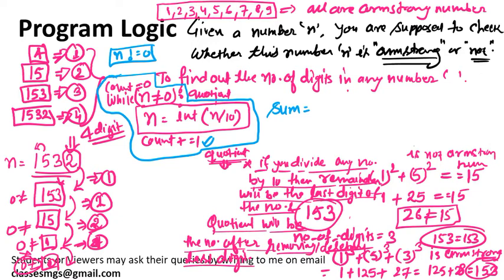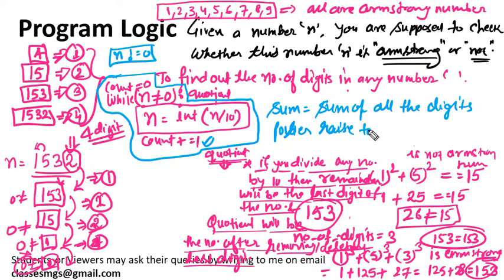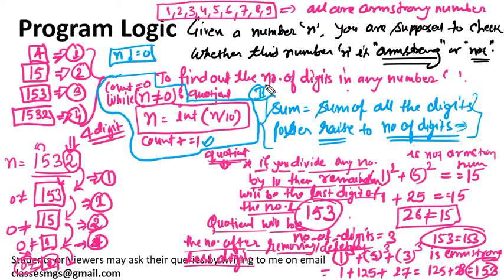Essentially, we are going to take the sum of all the digits power raised to the number of digits. How to calculate the number of digits? I have already told you. So we need to calculate the sum of all digits power raised to the number of digits, and for that purpose you need to write this. This is going to be the second part of this problem.